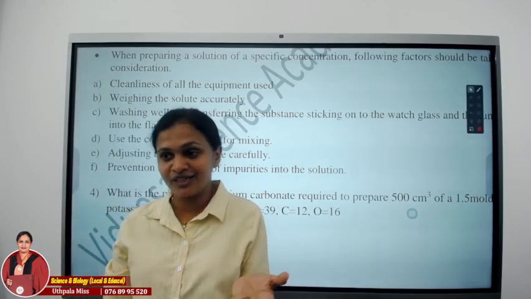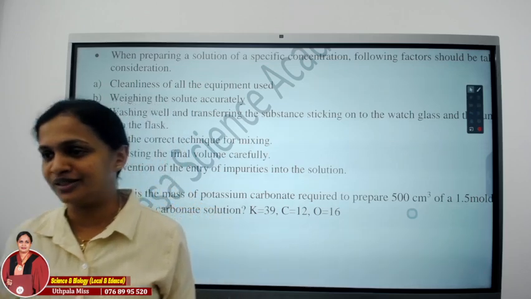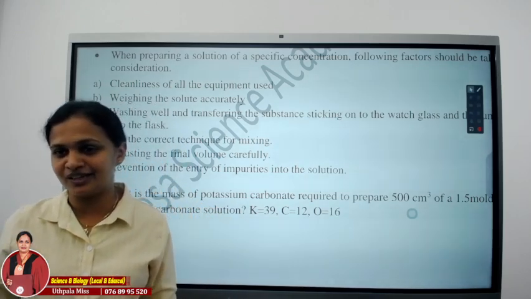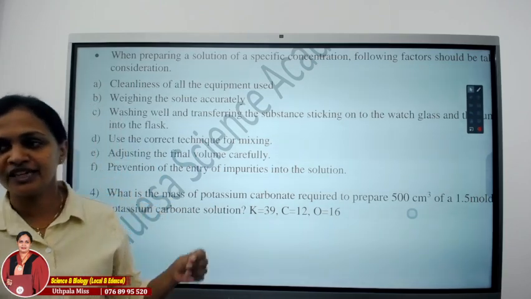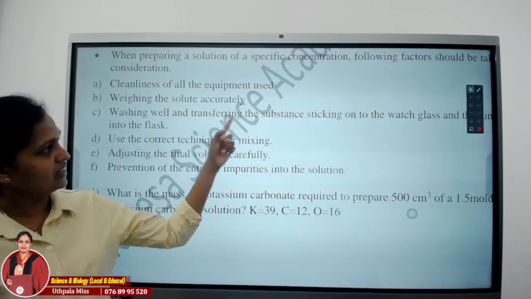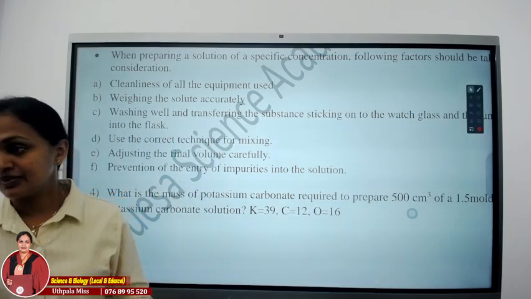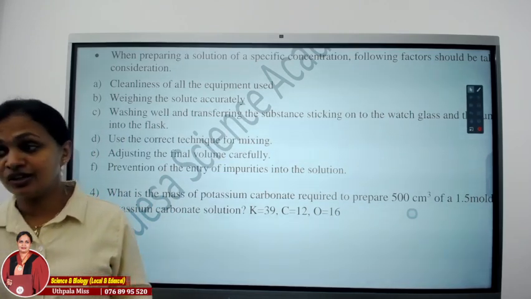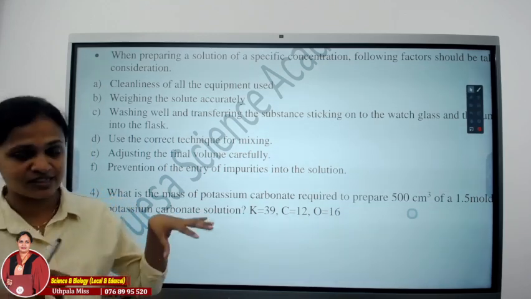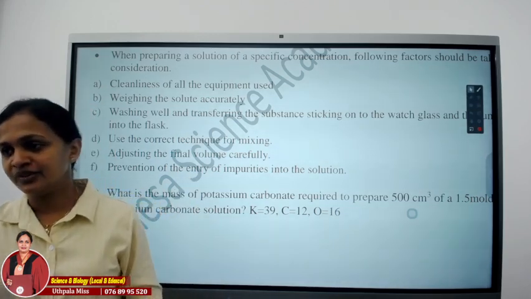And a new chemical substance can also be formed. If it was not cleaned properly earlier, some acid might be left over. Weighing the solute accurately. Next, washing well and transferring the substance sticking onto the watch glass and the funnel into the flask. You have to wash everything into the flask.